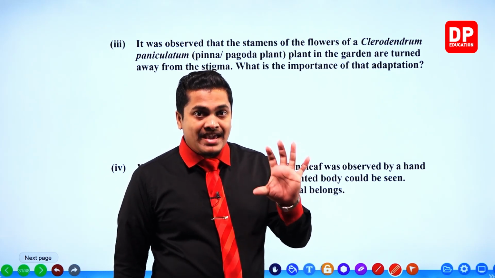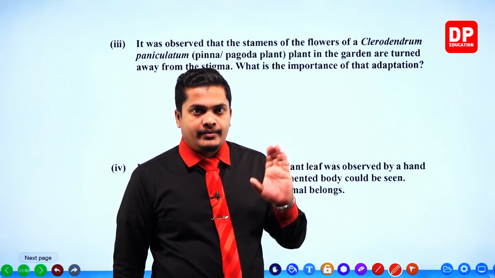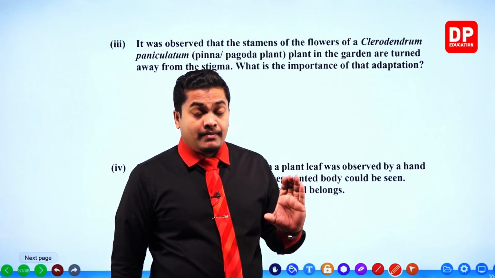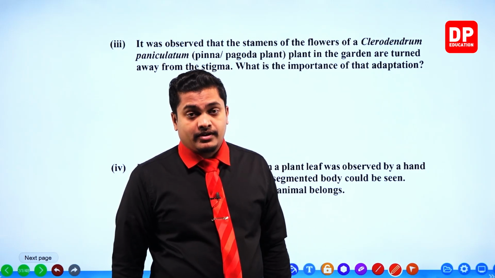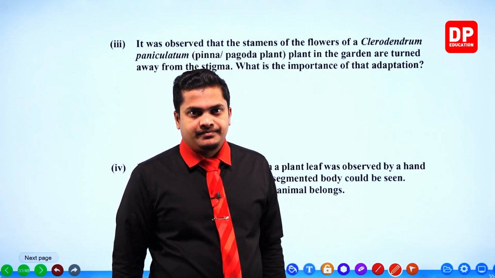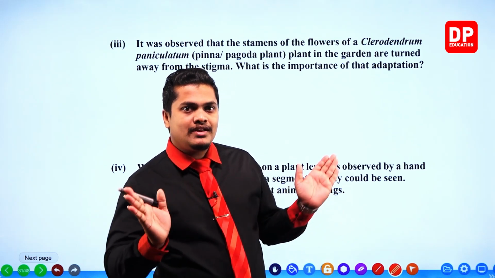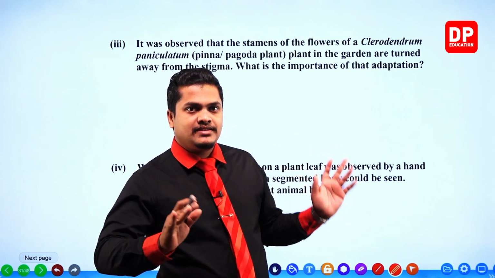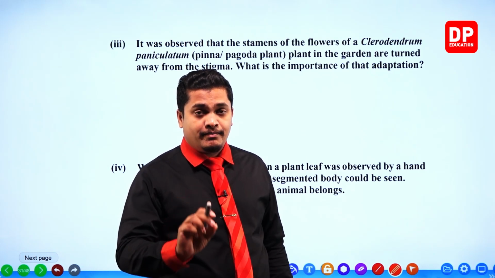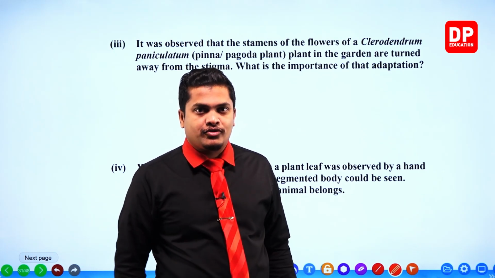The stamen is the male part of the reproductive system in a flower. So male and female parts are now turning away from each other. This is an adaptation to promote cross-pollination.